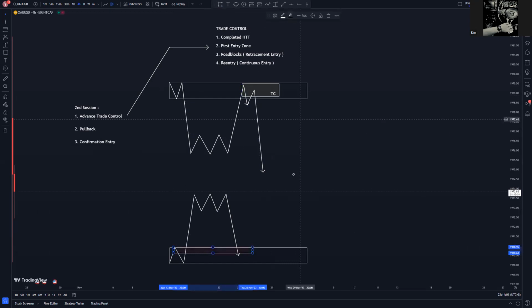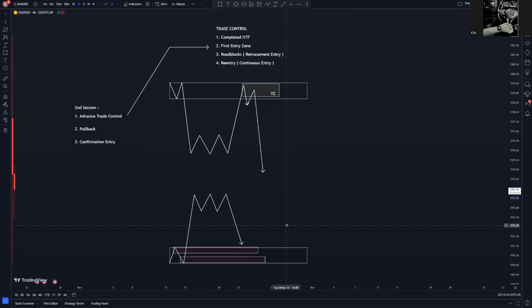Of course, we're going to have maybe some ED or EF somewhere around here. This ED or this EF, we're going to call our first entry zone. These first entry zones are going to work for us to take a buy or to take a sell.